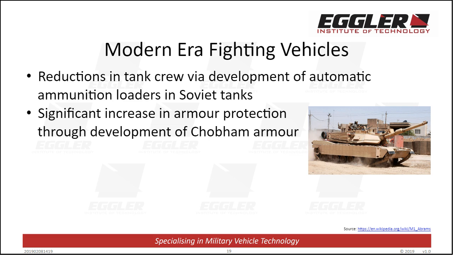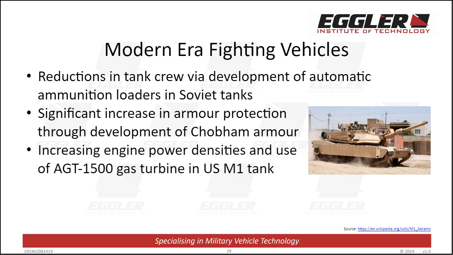During the 1950s, we saw the design, experimentation and development of various gas turbines for land vehicle applications. Most of these developments were unsuccessful, but the USA persevered and successfully developed the Lycoming AGT 1500 gas turbine for use in the M1 tank. At the time, the US considered this to be a superior engine technology compared to diesel engines due to the gas turbine's highly desirable torque characteristics, quietness of operation, and its ability to be a truly multi-fuel engine.